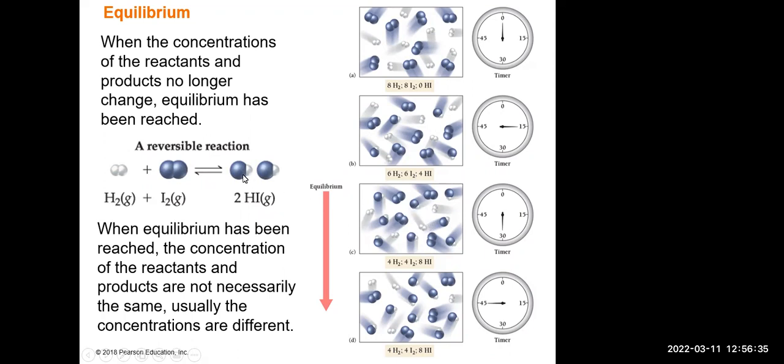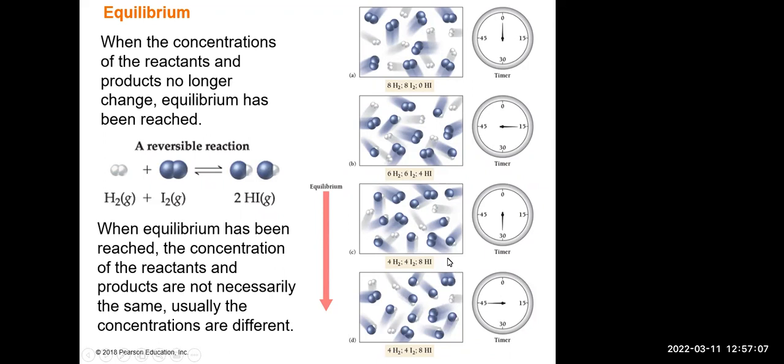Once we have the HI produced, the reverse reaction begins to happen. So at some time, you don't have to have the same number of HI, I2, and H2; it depends on how they affect your rate. At some time, the forward rate and the reverse rate are the same, and then we have equilibrium. For example, in this case, equilibrium happens at 30 seconds, or 30 minutes.